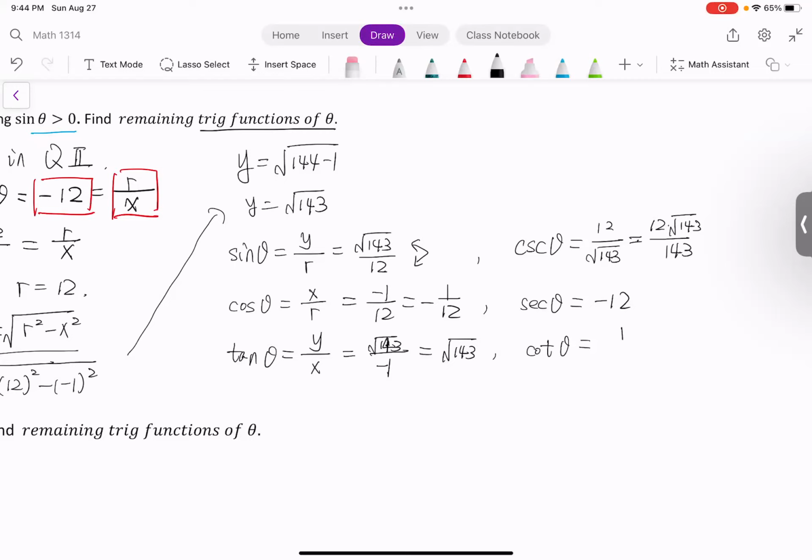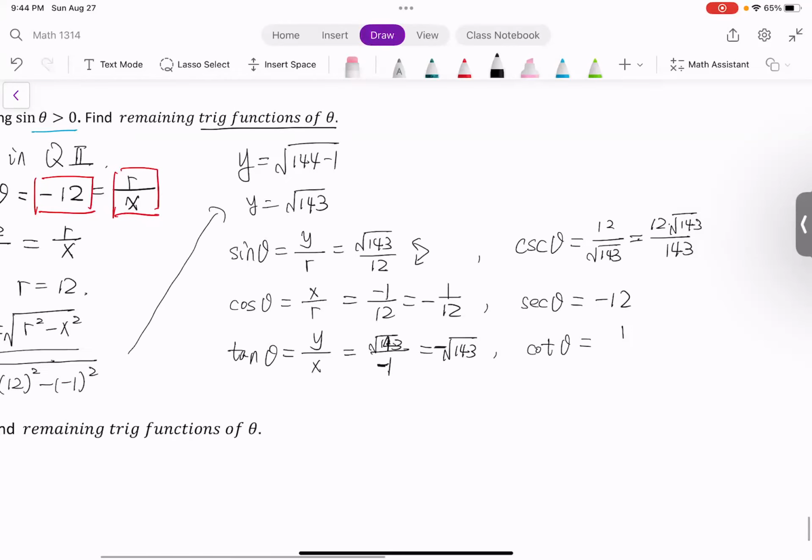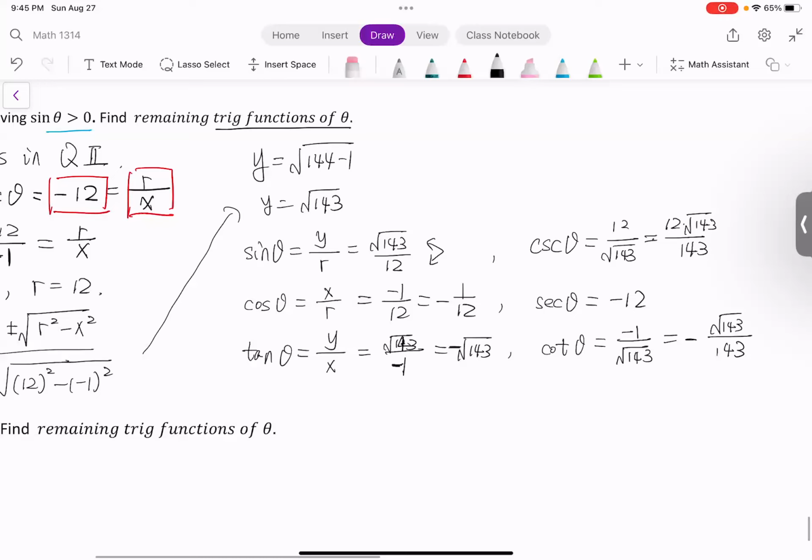I think I missed something here. It is negative. I must keep the negative sign. Okay, that is negative 1 over square root of 143. Do the rationalization. I'm having negative square root of 143 over 143. All right, let me see if everything is correct. Yes. Let's move on to the next part.